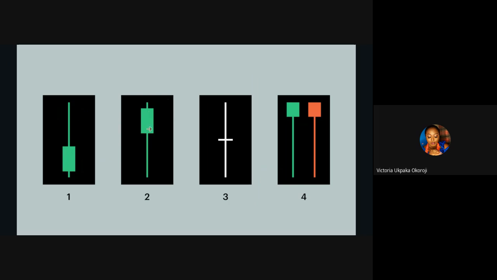If you see a candle showing this sign, with the longer stick at the bottom, it means investors are looking to buy. The longer it is, the more it indicates that investors are looking to buy that token.